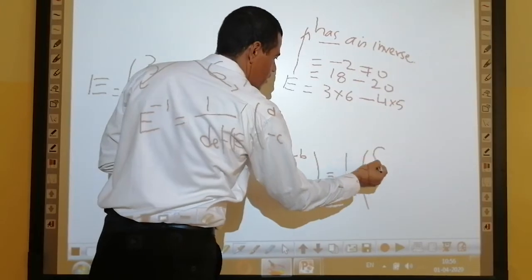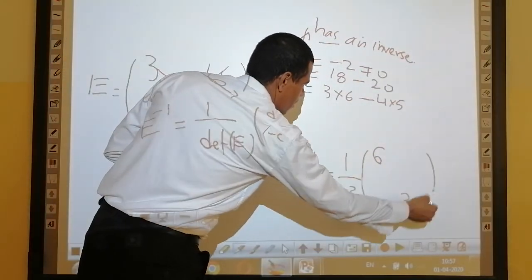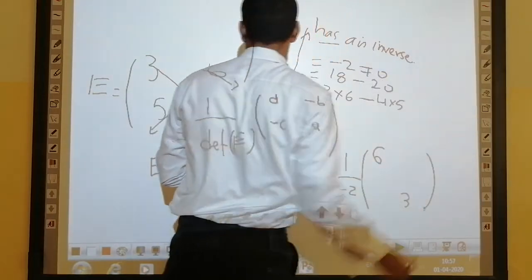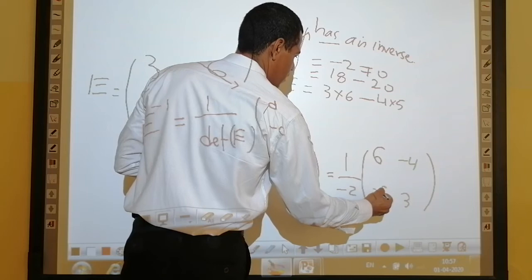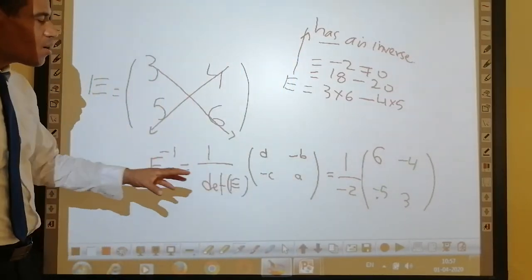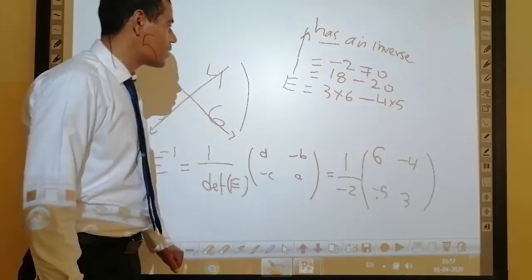This is 6. Okay. Then 3. Then I put the negative sign for the second diagonal: -4 and -5.